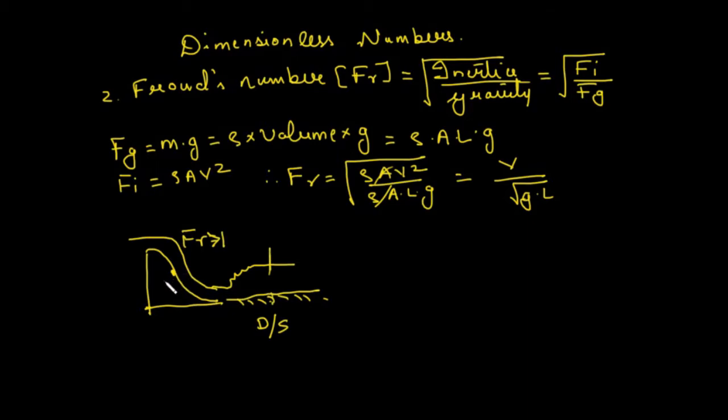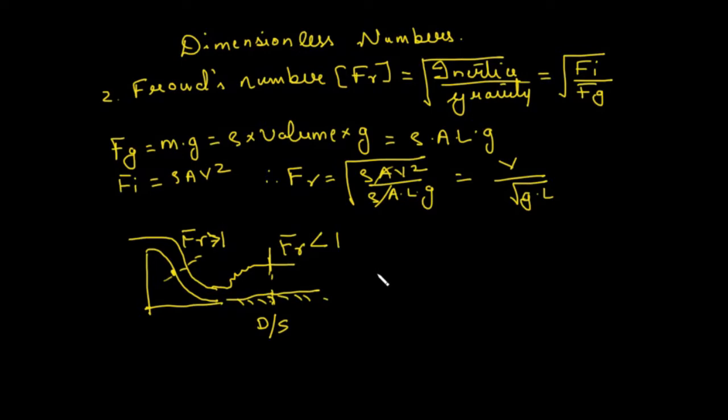And if we calculate the Froude number at downstream at some section here, let us say this is the downstream section, if you calculate the Froude number, it will be less than 1, and as per the definition it is the ratio of inertia to the gravity force, and here you can clearly see that inertia force will be less, and hence the Froude number is less than 1, and this type of flow is called a subcritical flow.